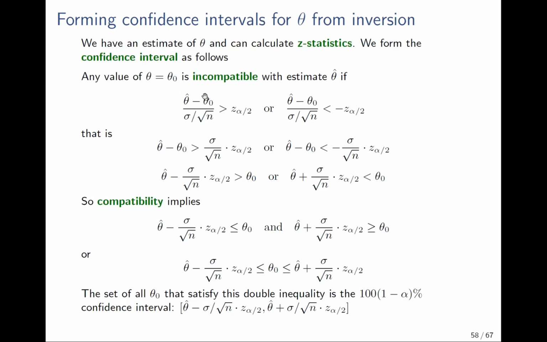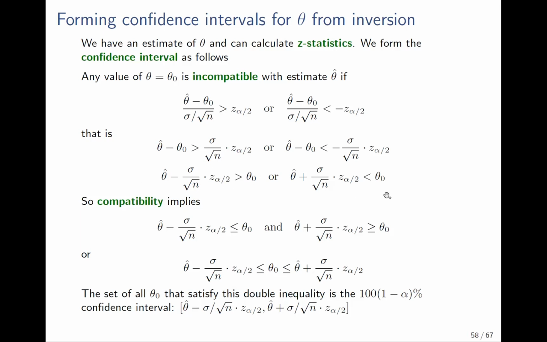From the definition of a test statistic, any value theta naught is incompatible with our estimate if the value of the z statistic is greater than the critical value or less than the negative critical value in the case of a two-sided test. As long as this is true, theta naught is incompatible with our estimate. With a bit of algebra, we take this over to this side in both cases and solve the expression for theta naught.